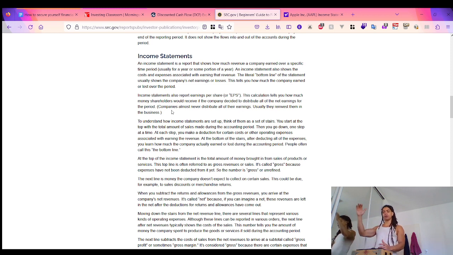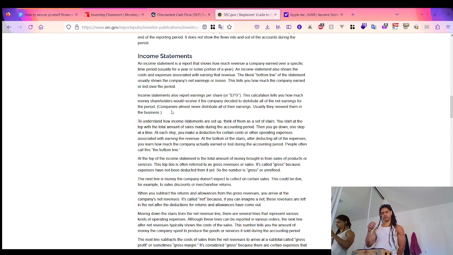So at the top of the income statement is the total amount of money from sales of products or services. This top is often referred to as the gross revenue or sales, and gross because expenses have not been deducted from it yet.